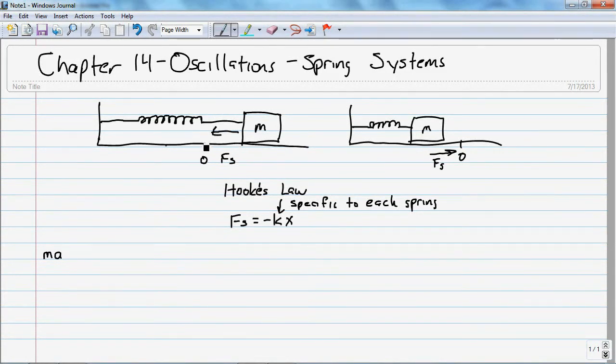This mass is going to be traveling, and it's going to slow down, and then it's going to stop, and it's going to go in the opposite direction. And as it goes in the opposite direction, the acceleration is going to change. It's going to get to the equilibrium point here, and momentum is going to carry it past that point. And so it's going to go to the other side and stop, and then head back towards the equilibrium point. It's going to continue to do this. Remember, we're talking about frictionless at this point.